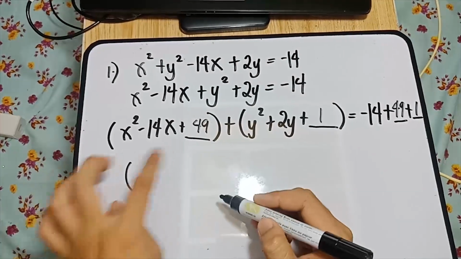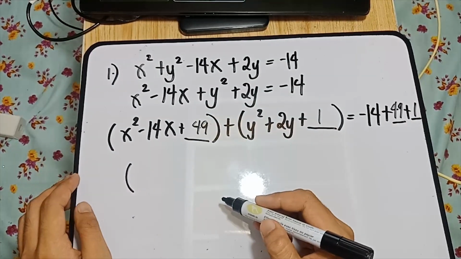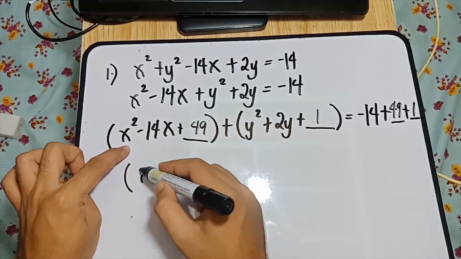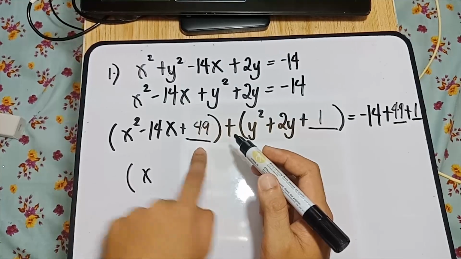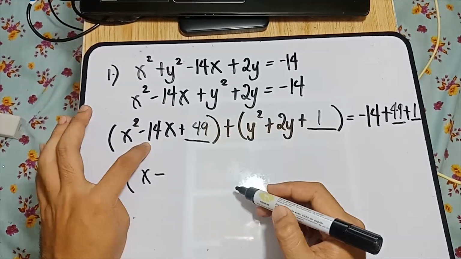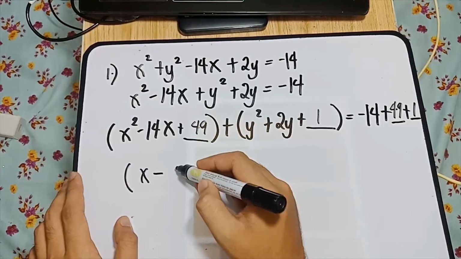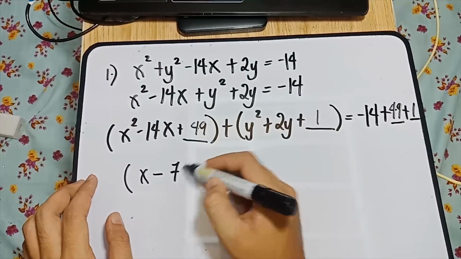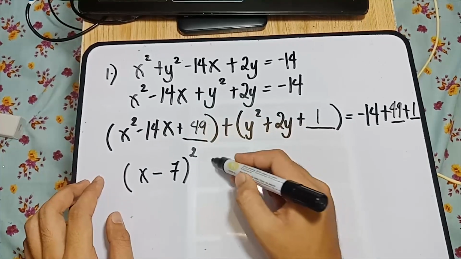I-factor na natin to kasi perfect square trinomial na to. Gawin na nating square of binomial. So, square root ng x squared, that is x. Then, kung ano yung ating sign ng middle term, that is our sign. And then, square root ng last term, 49. Square root of 49 is 7. Squared.